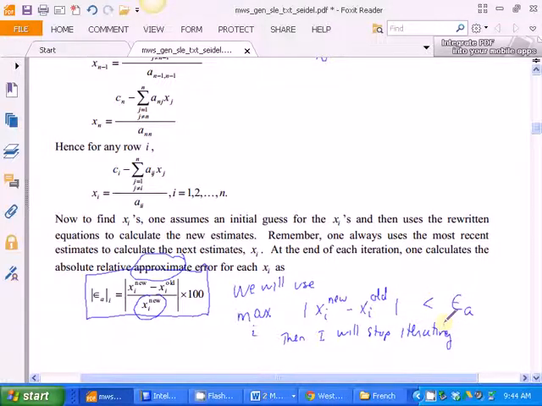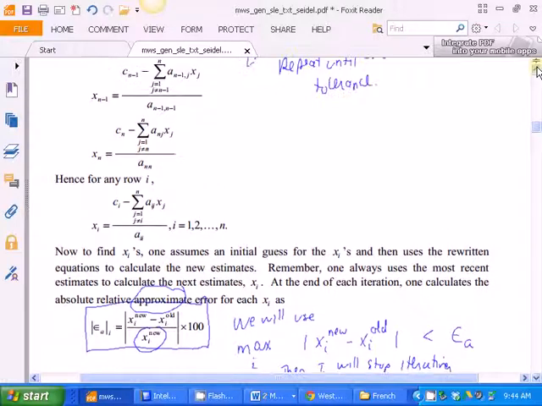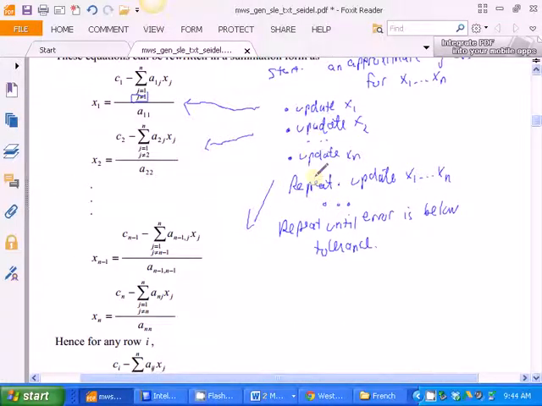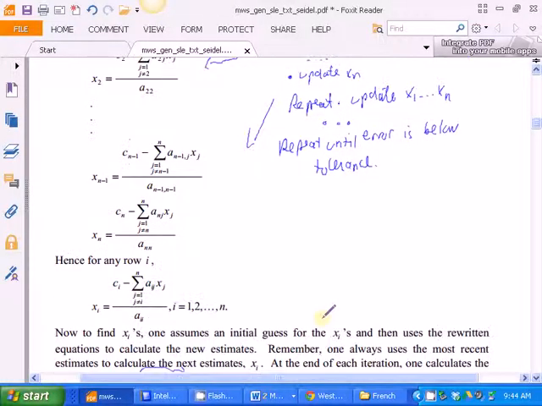In other words, I'm going to keep on doing this cycle, update, update, update all the x's, update again, until my error is below the tolerance as indicated here.